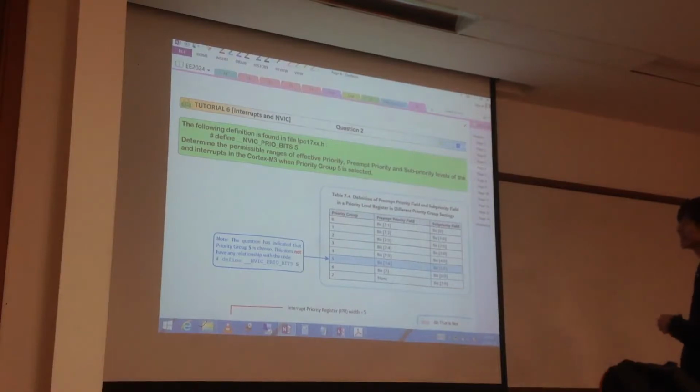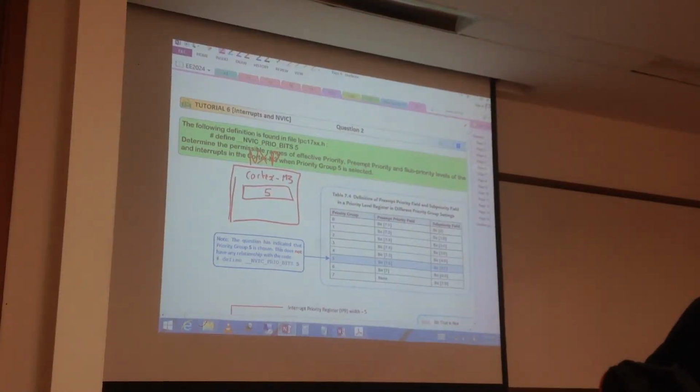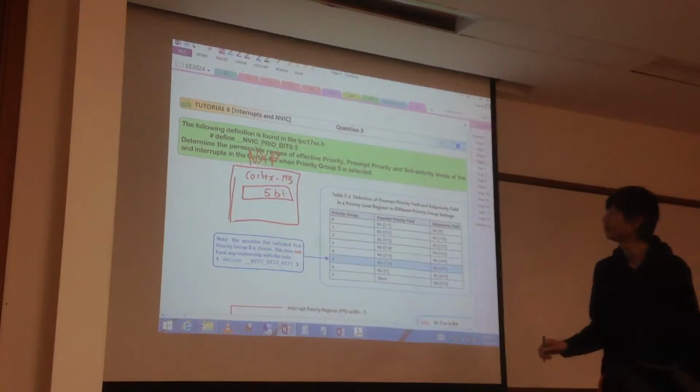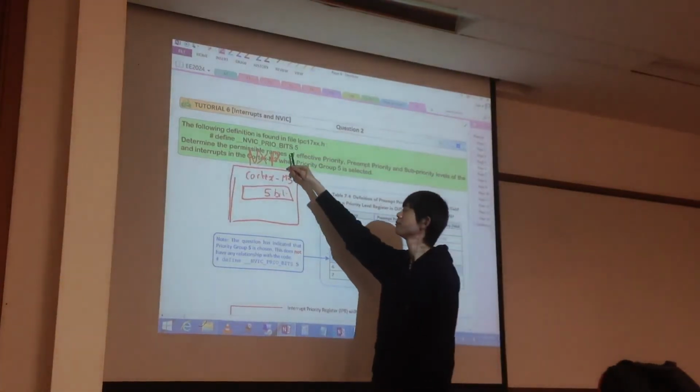Our LPC 1769 makes use of the Cortex M3. This is made by NXP. When it was made by NXP, NXP reserved 5 bits for the priority bits.